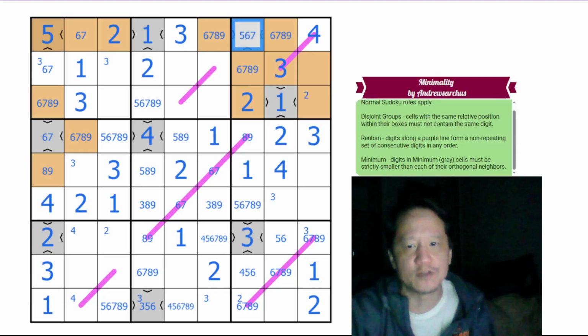So this is 5, which means this can't be 5. This is 6 or 7. That eliminates 6 and 7 in the rest of the box. So this is 8 and 9. This is 6, 7 as a pair, so that eliminates 6, 7 in the rest of the column. So it's 6, 7, 6, 7 here.